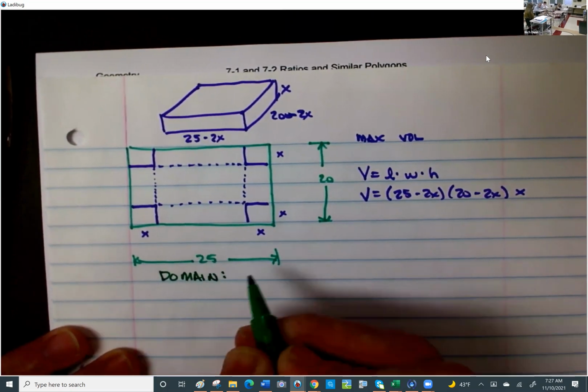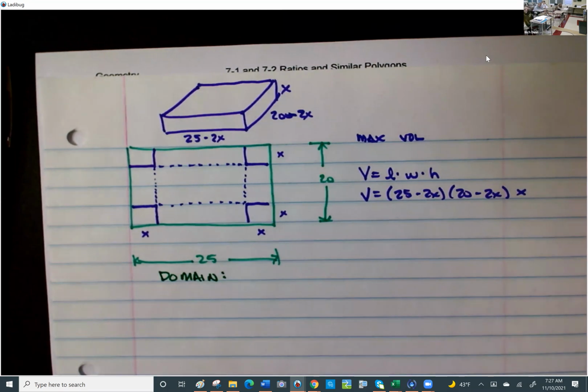Who's the one that said, hey, I'm having trouble with my domain? So what's the minimum value that X can be? 0. Now, does it make a box? Not really. So it's kind of one of those iffy ones. Here's my justification for closing it: does it tell me I have to have a certain volume?